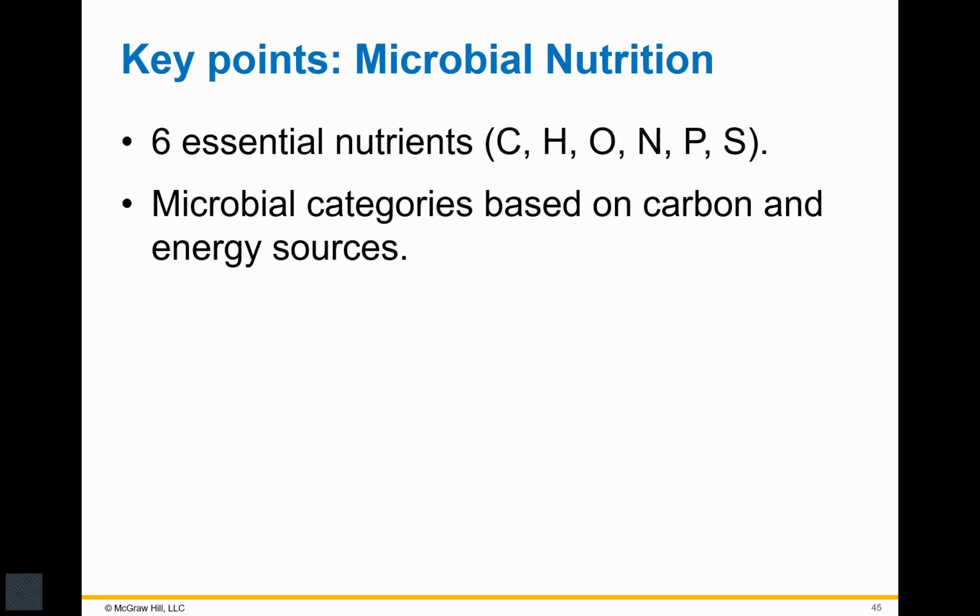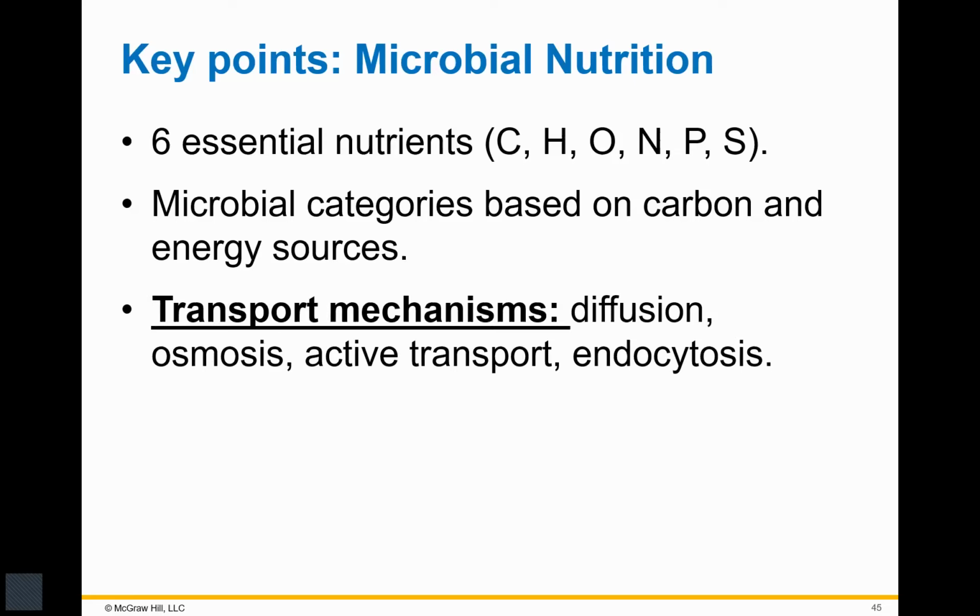Now, microbes can obtain the carbon source, hydrogen source, and energy source from organic or inorganic sources. And we also looked at various categories by which they can obtain these nutrients as well. Now, when they obtain these nutrients, microbes have different transport mechanisms such as diffusion, osmosis, active transport, or endocytosis, by which they transport these to be utilized inside of the cell.